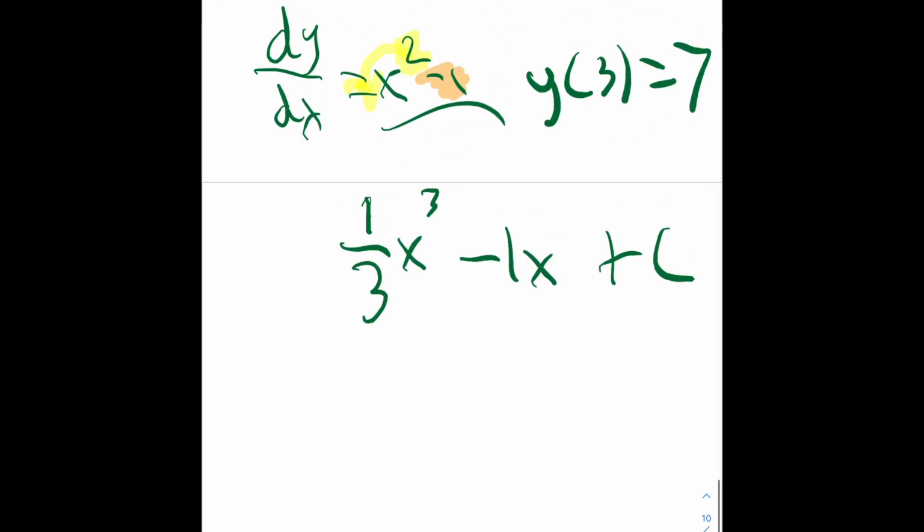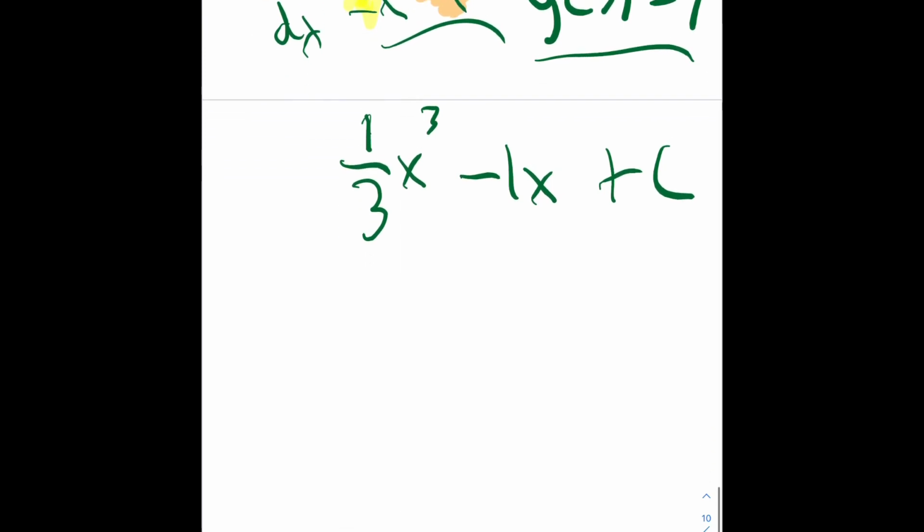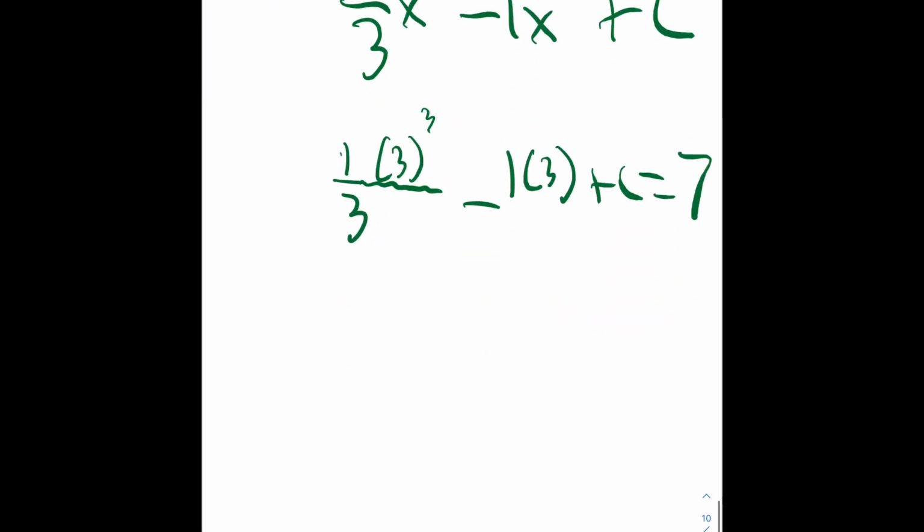Now I'm going to take the second part of my function and plug those numbers in. So I'm going to say, all right, every time I see an x, I'm going to plug in a 3. So I'm going to say 1/3, 3 to the third power minus 1 times 3 plus c equals 7.